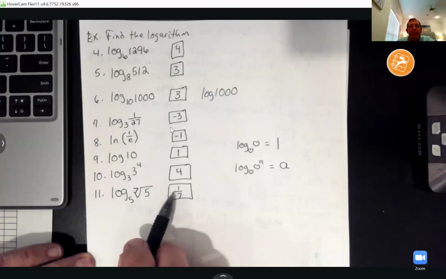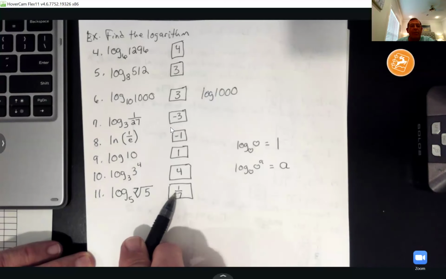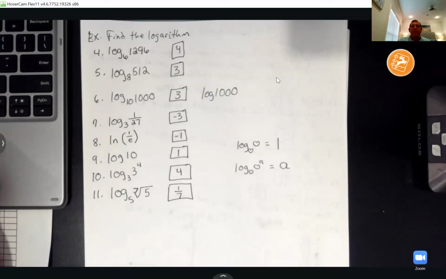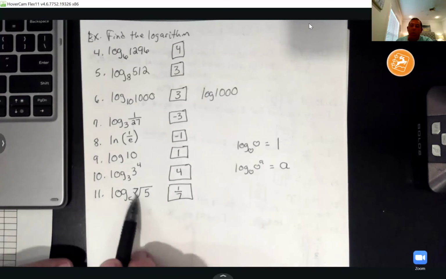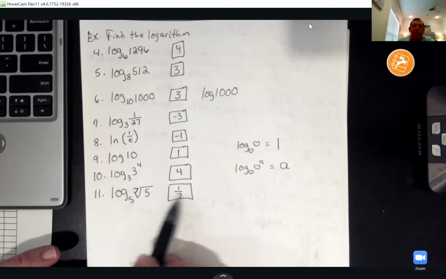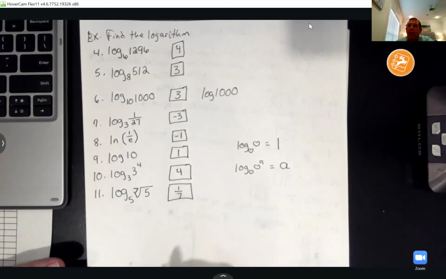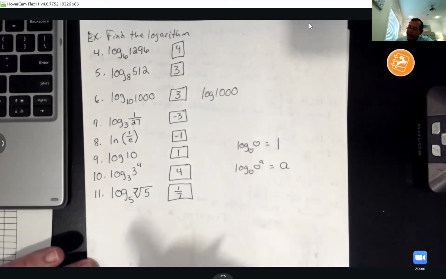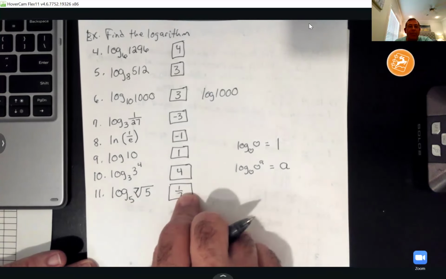Radicals always end up as fractional exponents, okay? Because square roots and cube roots are really raising stuff to the 1/7, 1/3, and all that fun stuff. So radicals end up as fractions.